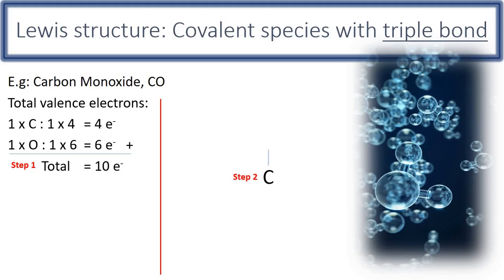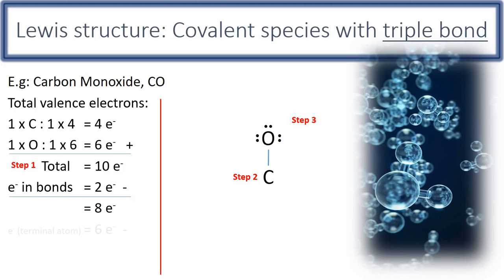Then, draw a line representing the covalent bond to occupy the oxygen atom. Here, we subtract 2 electrons from the total number of valence electrons, since each covalent bond consists of 2 shared electrons. Step 3. Fill in the pair of electrons on the oxygen atom so that it can achieve octet configuration.